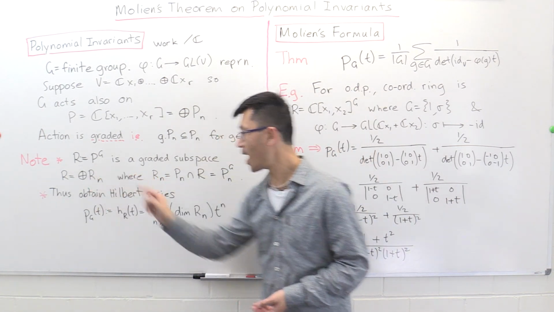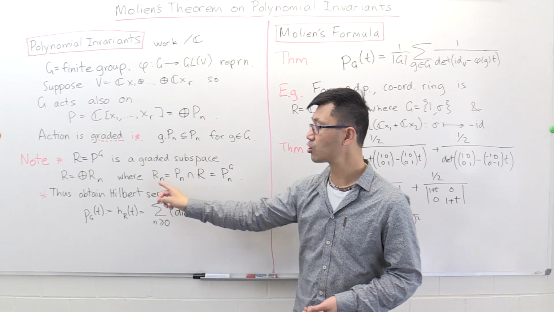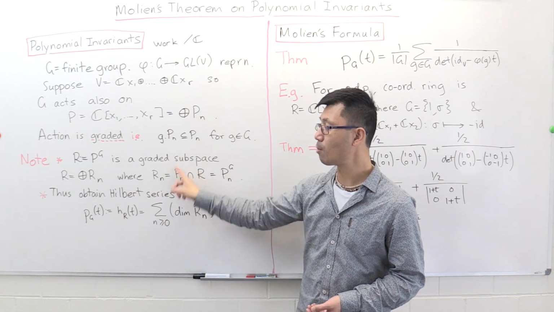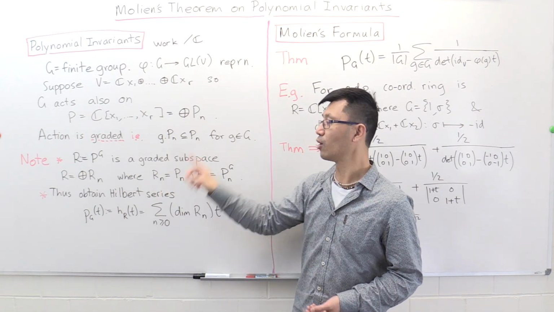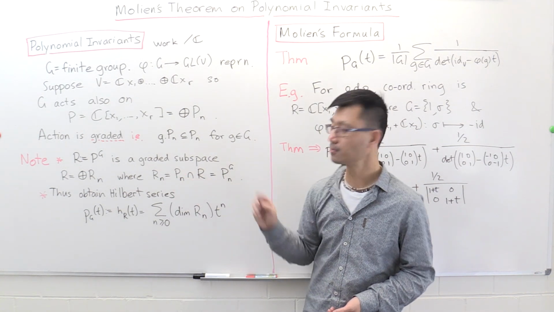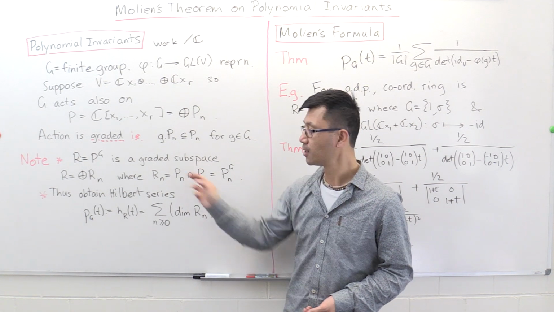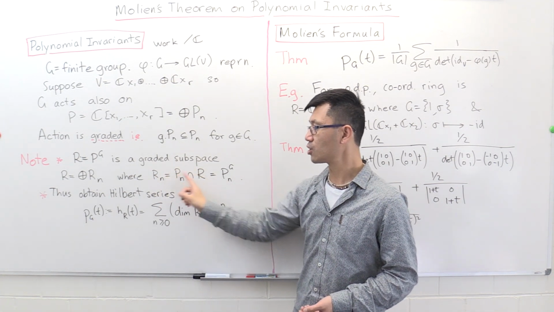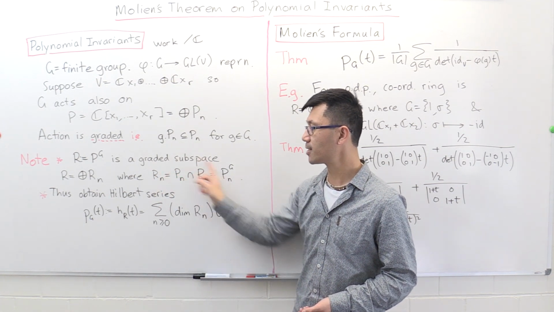In fact, you can take Rn to be Pn intersect R, since it has to sit inside Pn and also inside R. That's what we'll make it equal to.